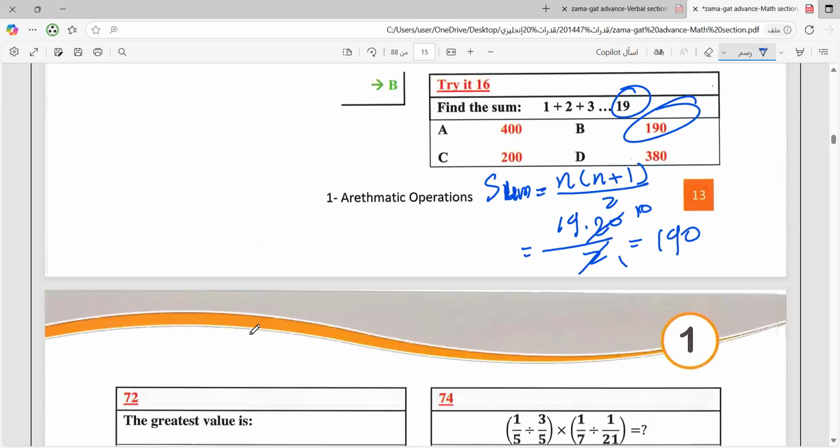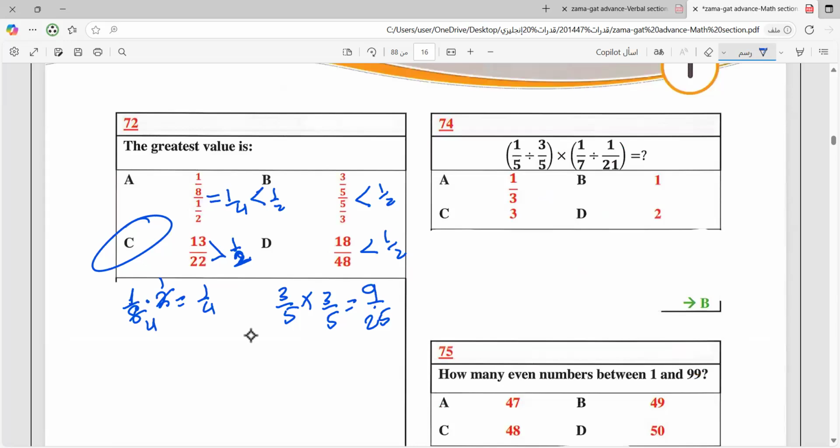Okay, 74. Division, we convert to multiplication. 1 over 5 times 5 over 3, also here 1 over 7 times 21 over 1.